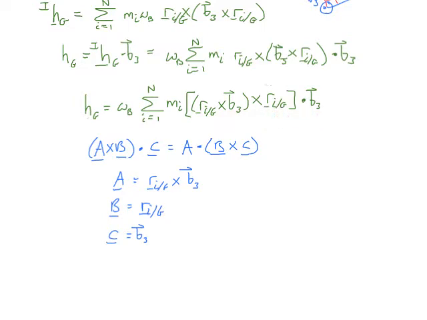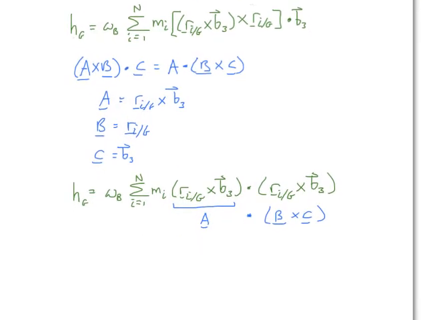And so substituting these in, we can now rewrite the expression into a much more convenient form. And this shows us that we have the dot product of two expressions that are the same with each other.